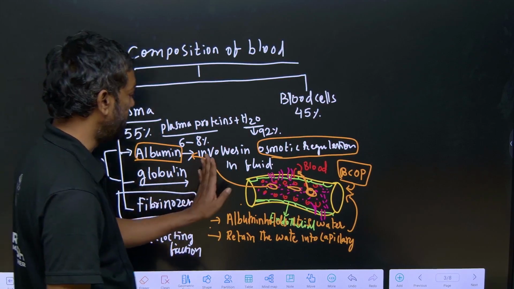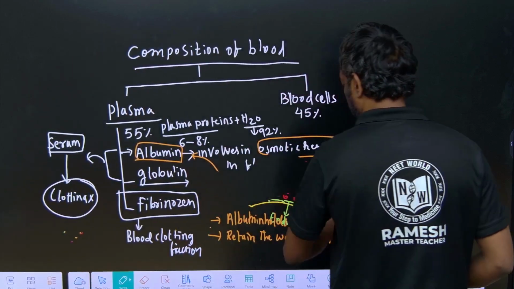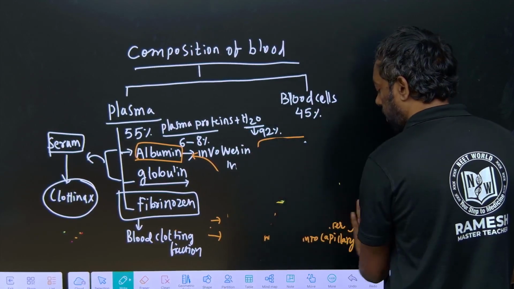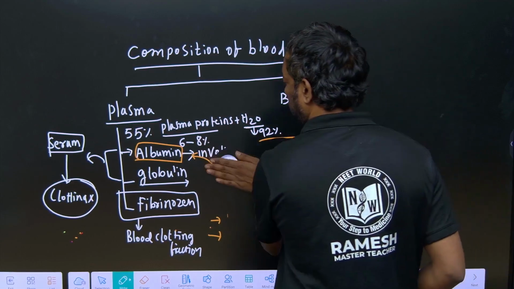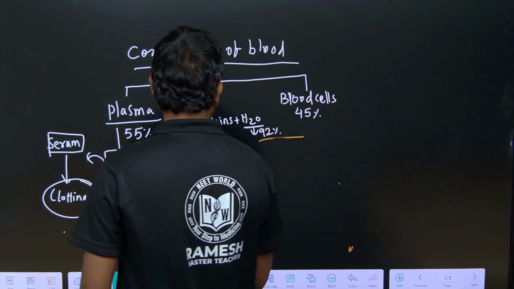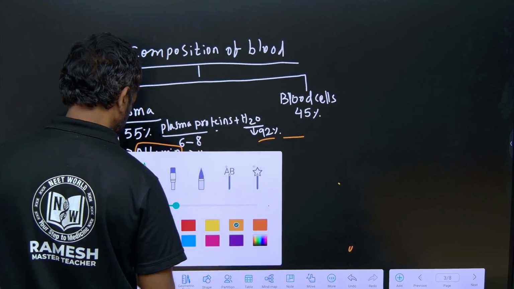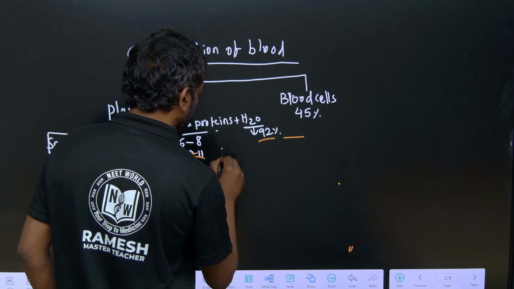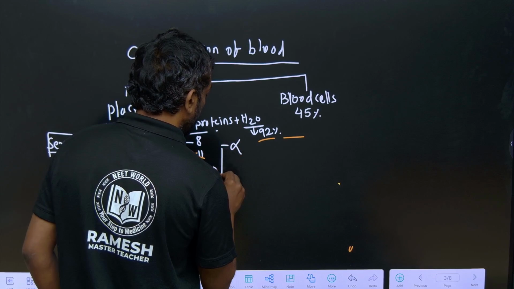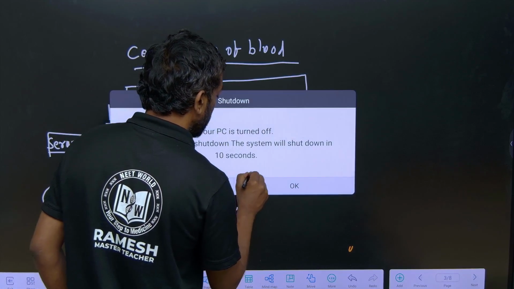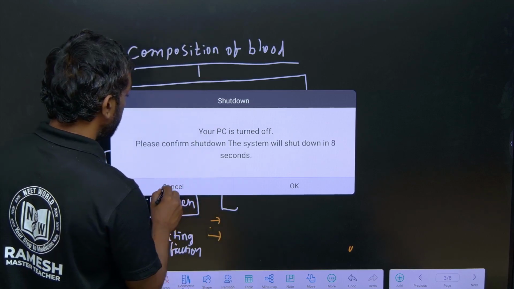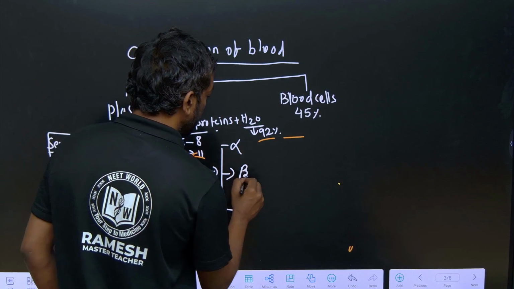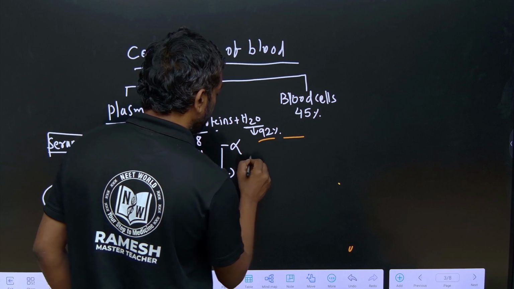What about globulin? Globulins are of three types: alpha globulin, beta globulin, and gamma globulin.